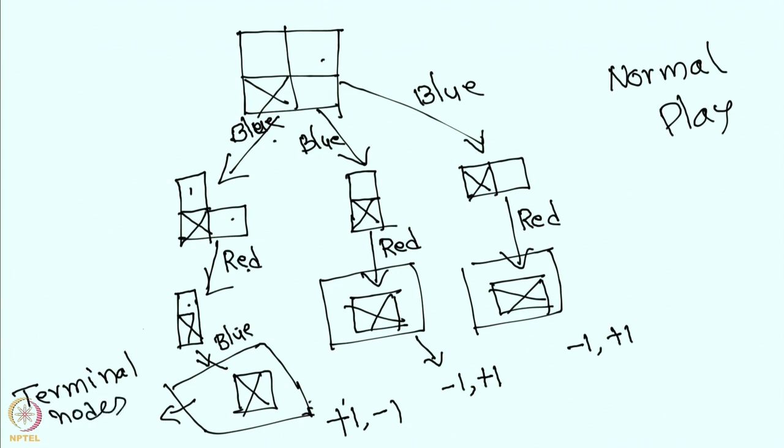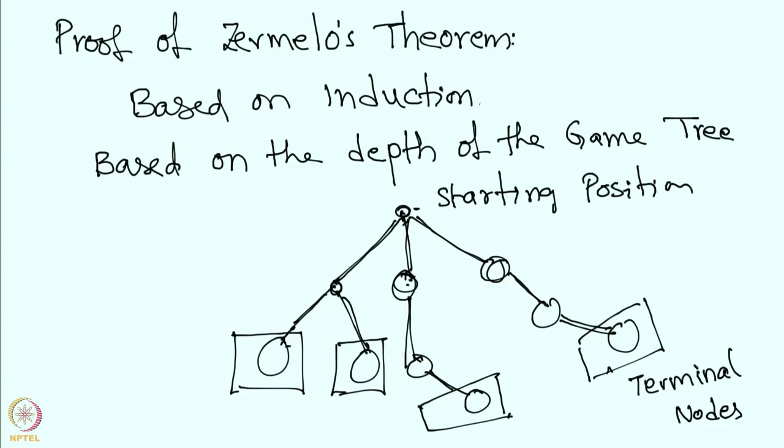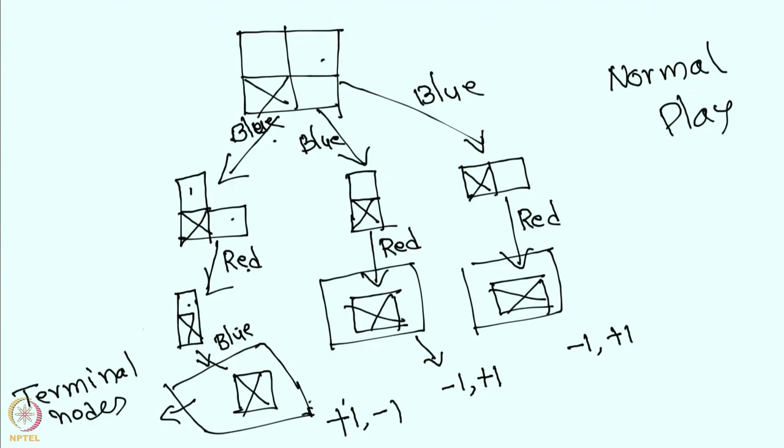Now going back to this. As I said, we are going to use the depth of this game tree. Depth basically means, for example in this game the depth is 1, 2, 3, 4, basically this entire length. There are 3 steps it is going down.